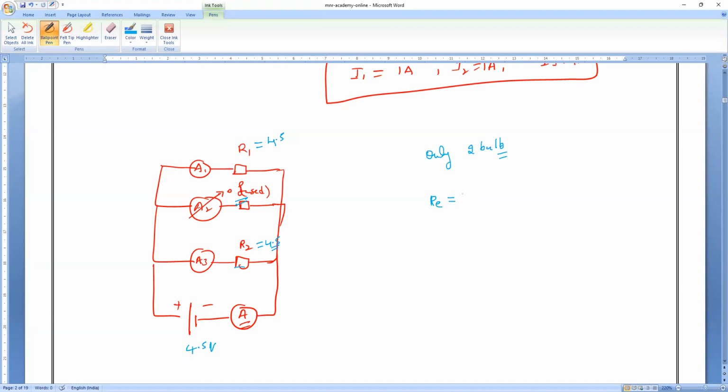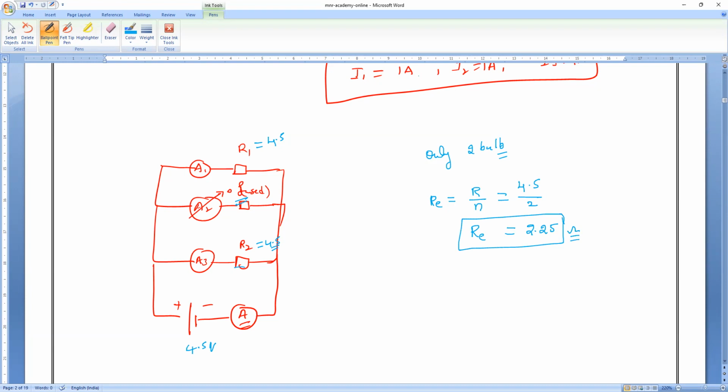Effective resistance is equal to individual resistance divided by N. The individual resistance is 4.5 and the number of bulbs is 2, so 4.5 divided by 2 is 2.25 ohms.